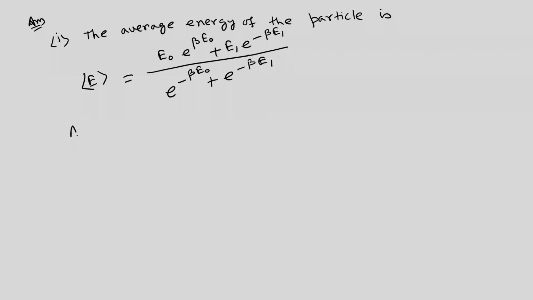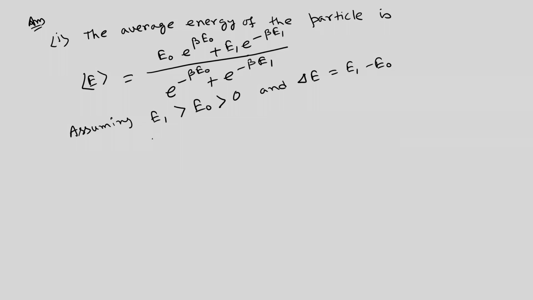Now, assuming both E1 is greater than E0 and E0 is greater than 0, and delta E is E1 minus E0. Delta E is the difference between the two energy levels.